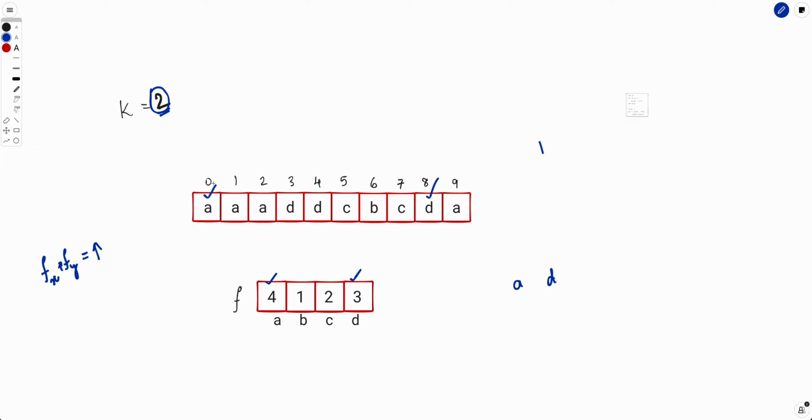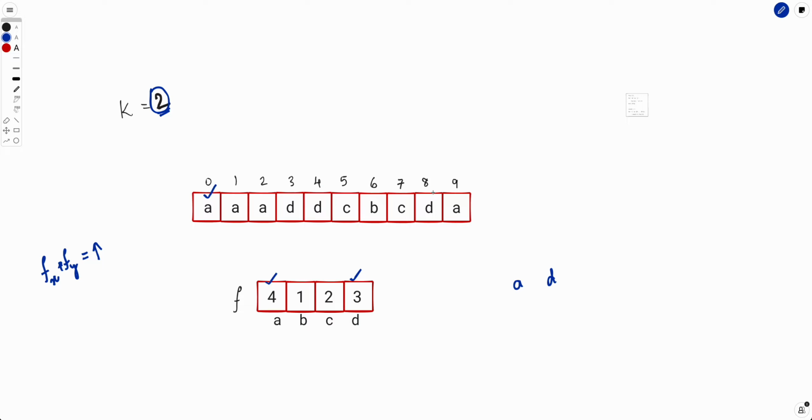Similarly you take this a and this d, so this is another valid subsequence. Similarly you take this a, this d, another valid subsequence, right? So basically for every a you can pick any d and it will form a valid subsequence. Similarly for the second a you can pick any d and it will form a valid subsequence, right?